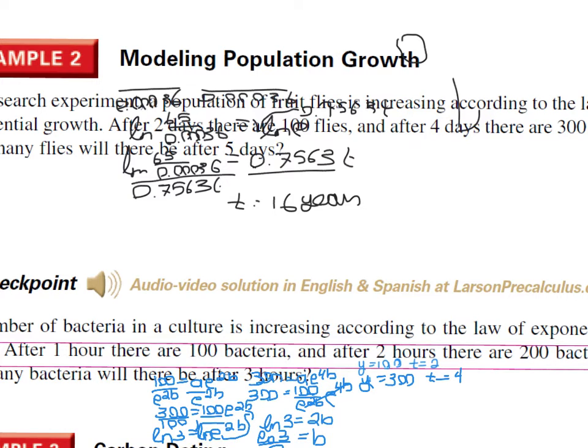So I solved for A. I'm trying to remember, where did I solve for? I guess I didn't. Okay, so let's solve for A. So let me get a different color just so you can see it.